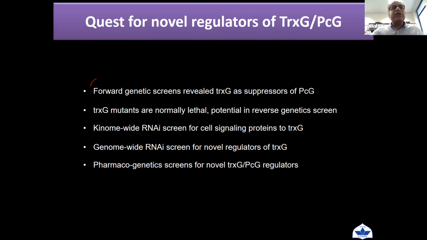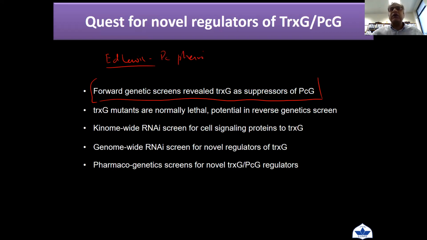So forward genetic screens in fruit fly have been very successful. You should know that Ed Lewis, the one who won the Nobel Prize together with Nüsslein-Volhard and Eric Wieschaus in '95 or so, I believe. So Ed Lewis discovered the polycomb phenotype, the extra sex comb phenotype, in the 1960s, I think '64 or so.